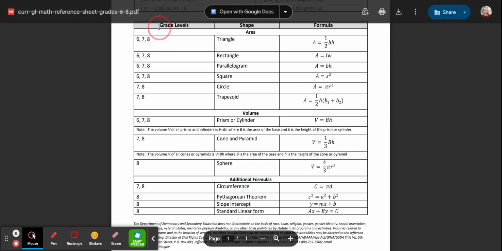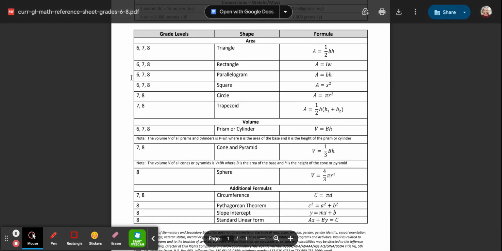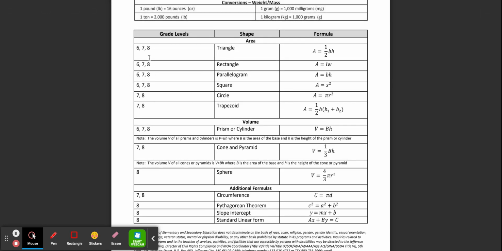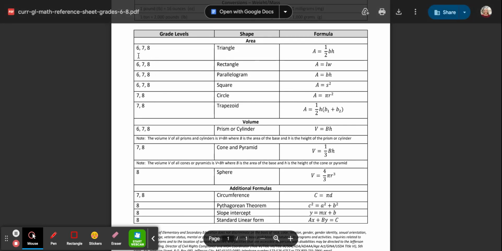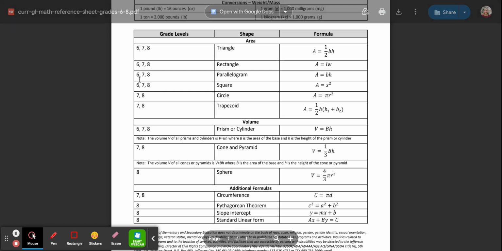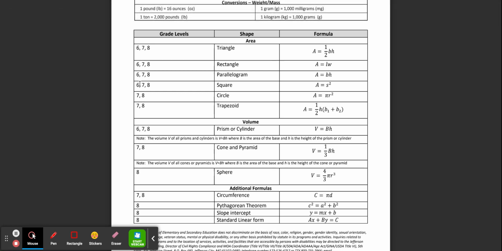You have a grade level column, the type of shape that the formula is meant for, and then the actual formula that you can use. If you look at the grade level column, sixth grade is mentioned all the way through square.